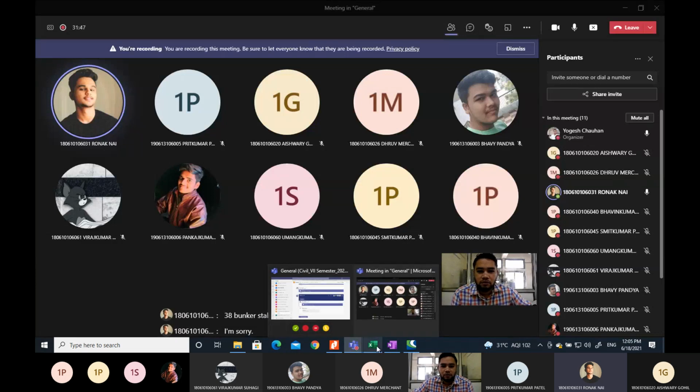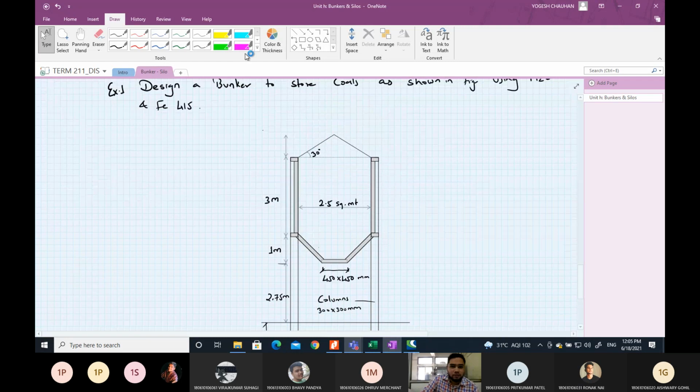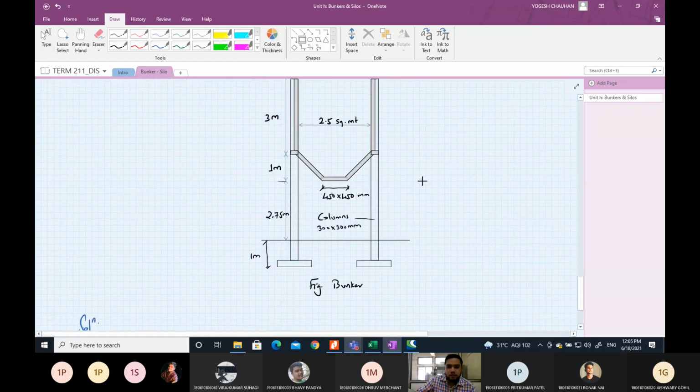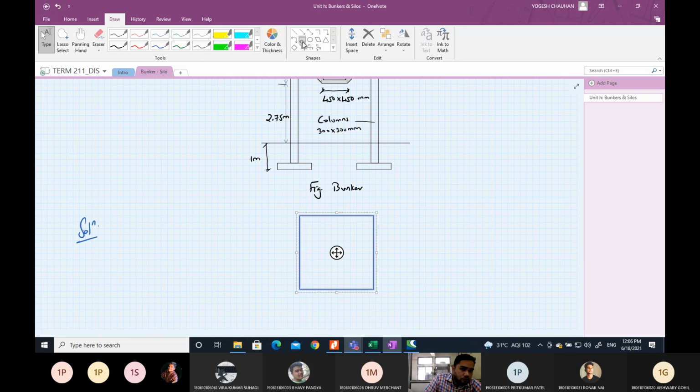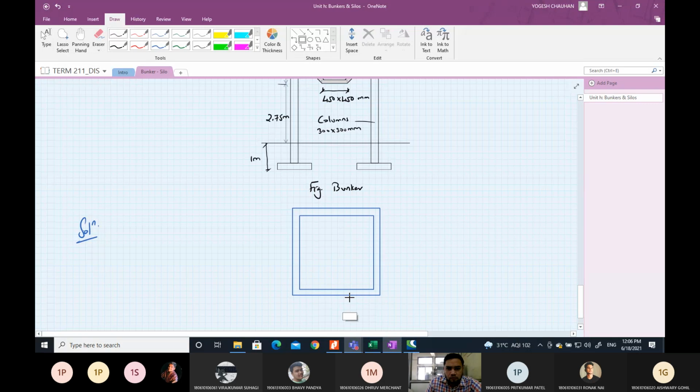This is square in shape. So if you see it in plan, it is square in plan, and so the bottom hopper is also square in plan.